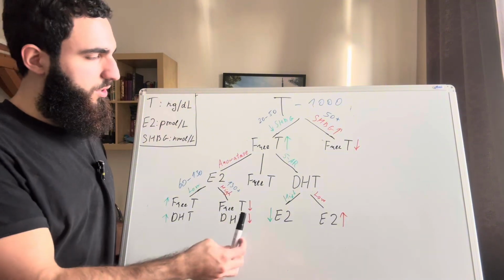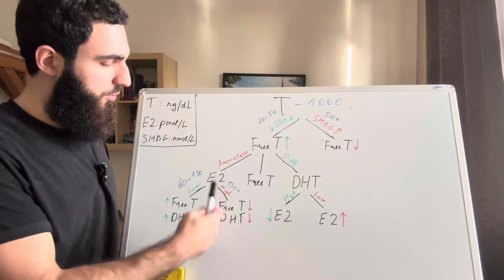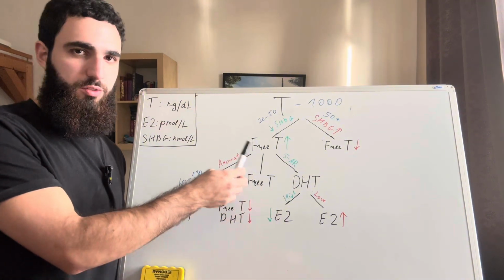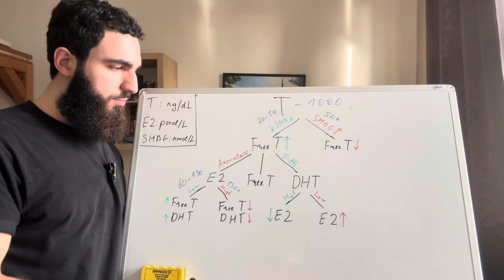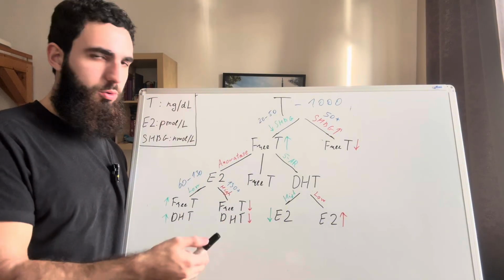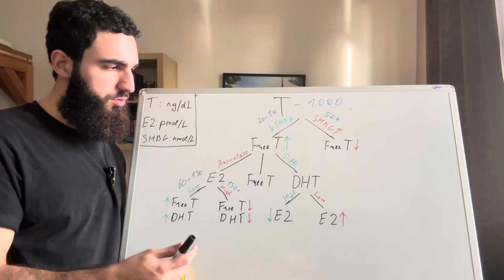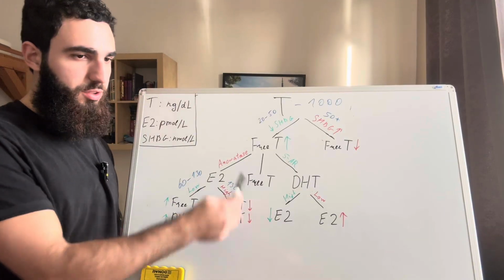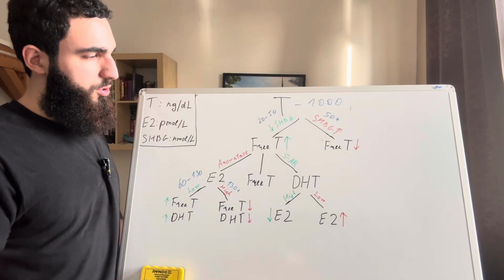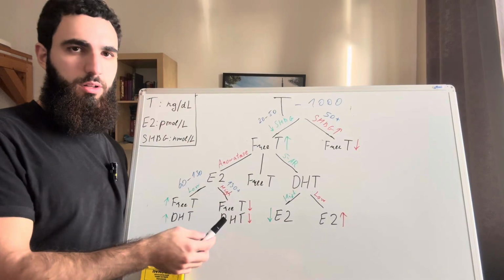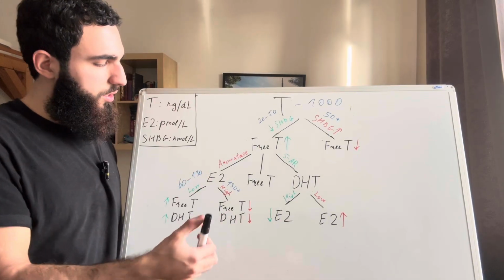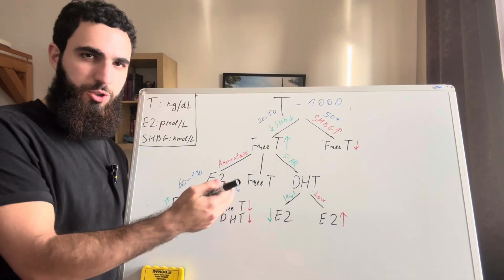It doesn't necessarily mean that you will only have higher estradiol. You will also have higher free testosterone. That's why we see brainwashed people who block DHT because of hair loss having higher free testosterone levels. And they usually don't show their estradiol levels, which usually will be higher than it should be.